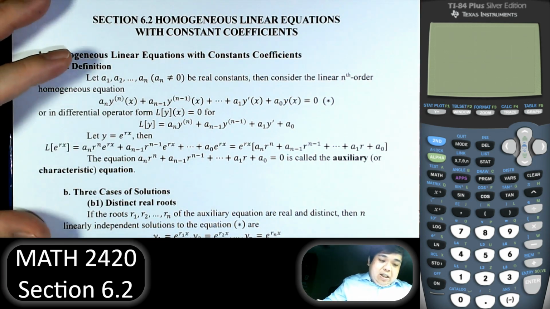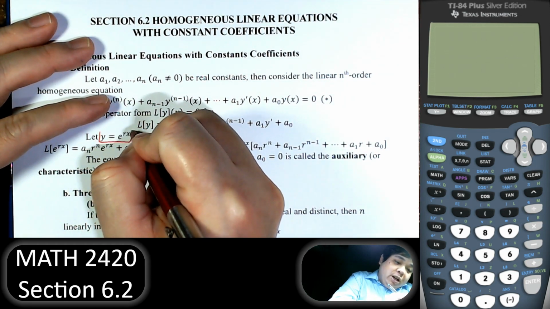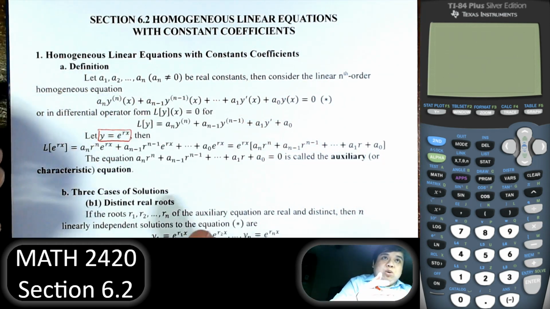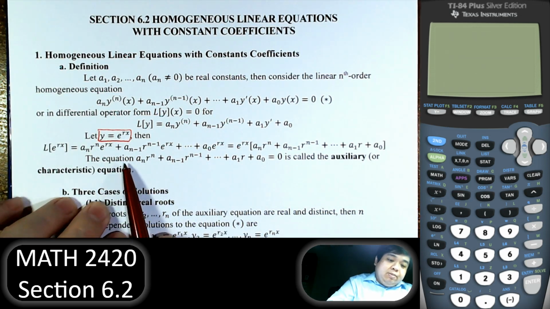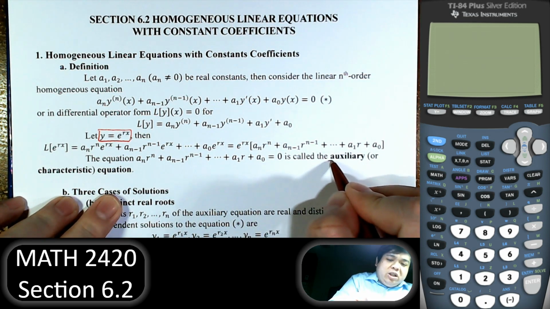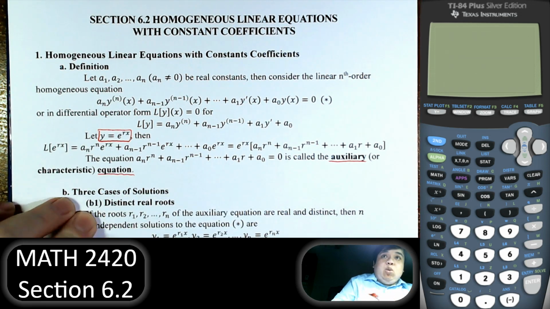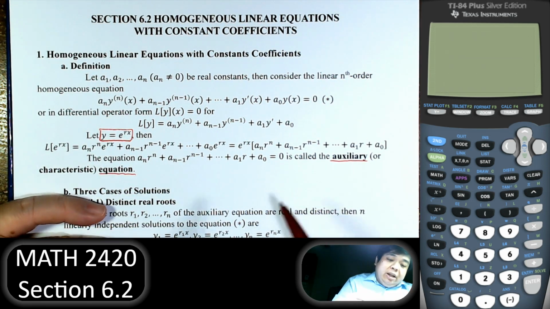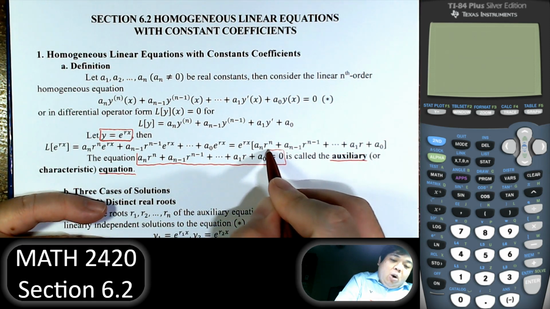But similar to chapter 4, the solution will take the form of e to the rx, where r is the solution of the auxiliary equation. We still have an auxiliary equation, but this time it will have a higher degree because we have higher-order derivatives.